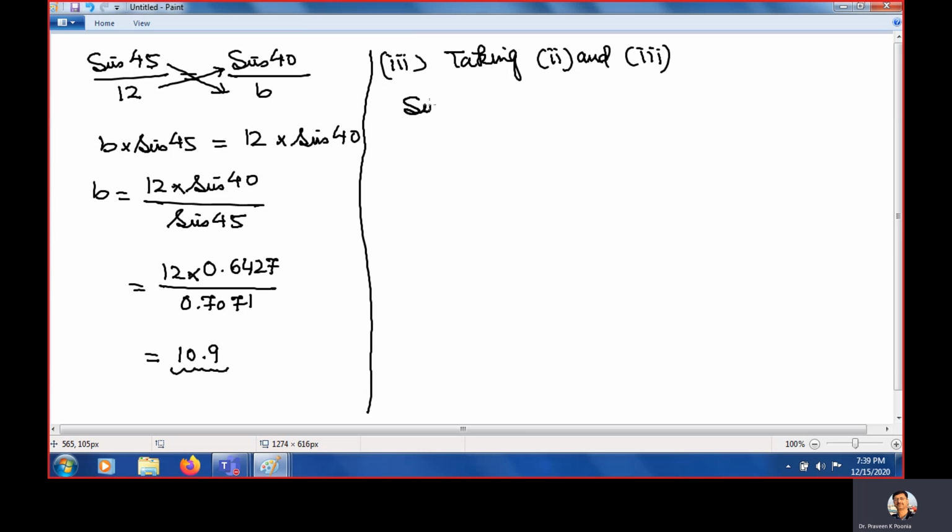So second is sine B upon B and sine C upon C. What is the value of B? The value of B is sine 40 degree. Sine 40 upon B, and B we have calculated 10.9, equal to, what is the value of C? Sine 95 upon small c.